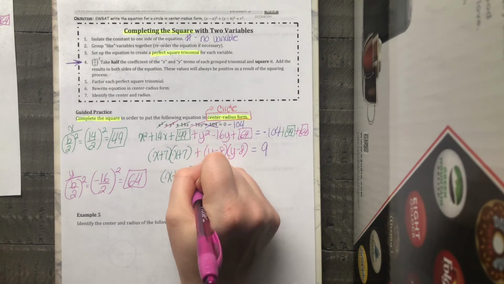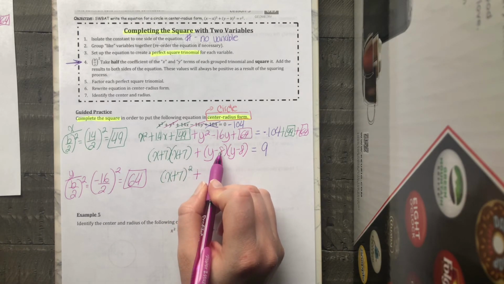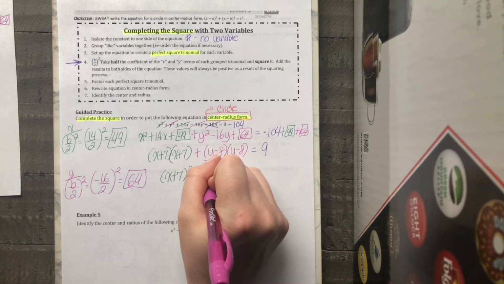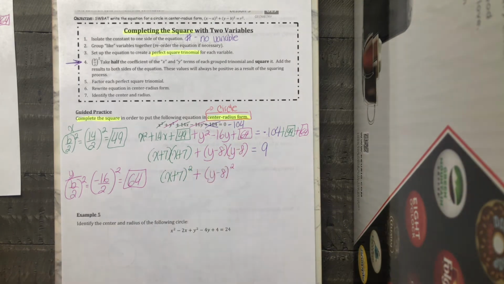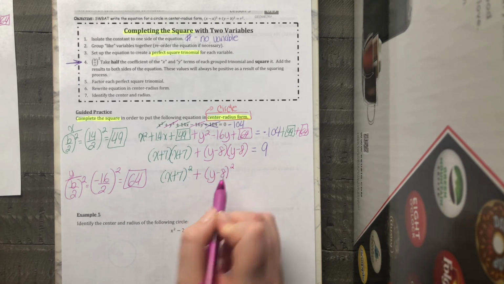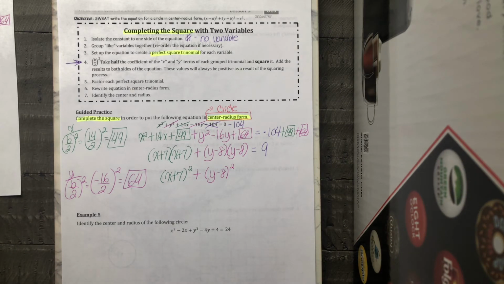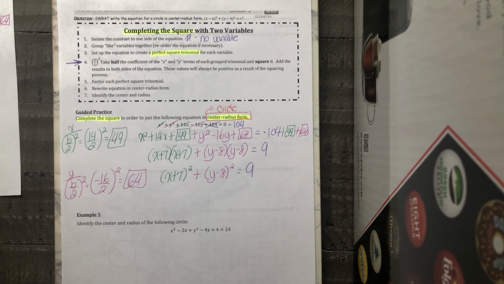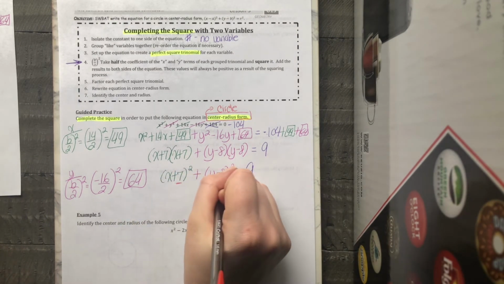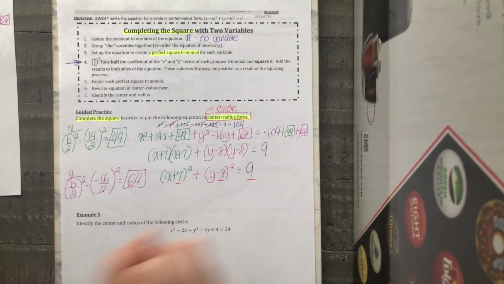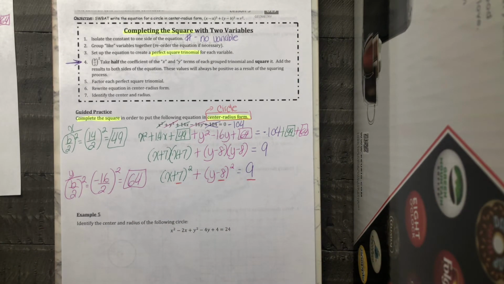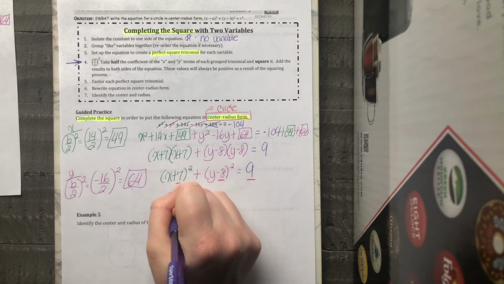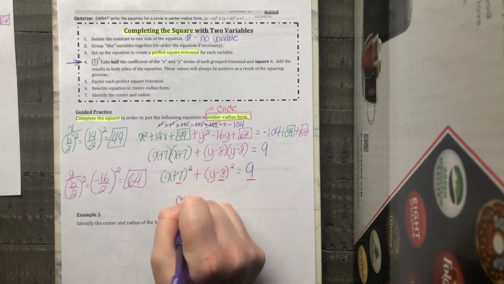Again, instead of me writing y minus 8 separately, I can group it and square it because I have 2 y minus 8s. And then again, it's still going to equal 9. And now I'm done. I have my center radius form. Okay, and I know that the question isn't asking you to write the center and the radius, but we might as well for practice. So I'm just going to fill this out here, center and radius.